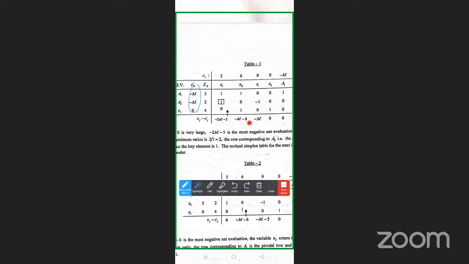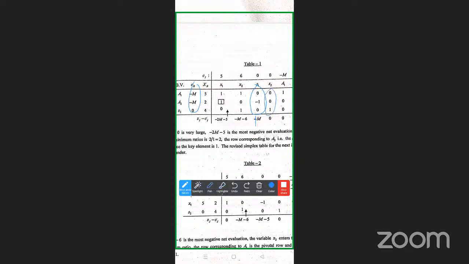Next, third one, s1: minus M into 0, 0 plus M, 0. So here plus M, a printing mistake. Plus M. So minus M into minus 1, plus M, 0 minus 0. So total 0.